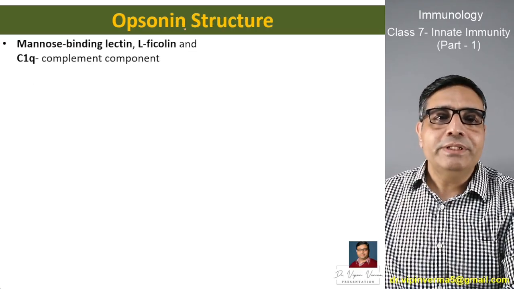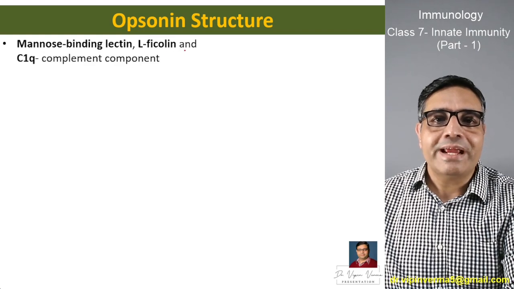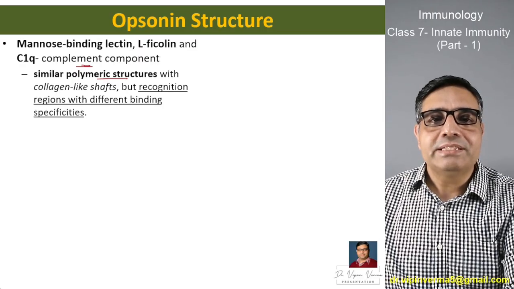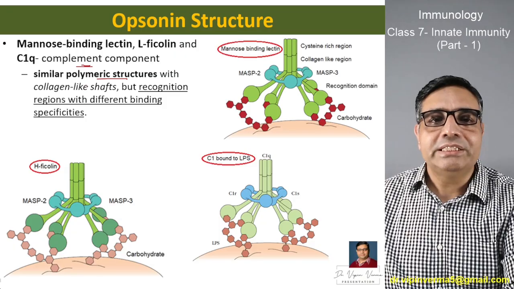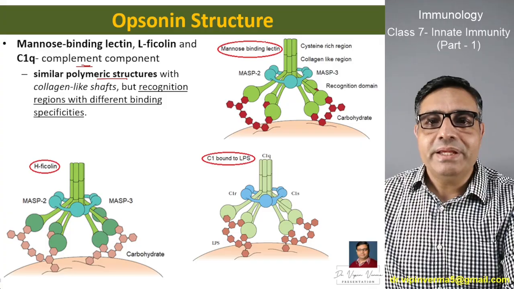Now, if we see the opsonin structure, mannose binding lectin, L-ficolin, and C1q, which is a complement component, have a similar polymeric structure with collagen-like shafts. Here you can see the collagen-like shaft, and this is the MBL.